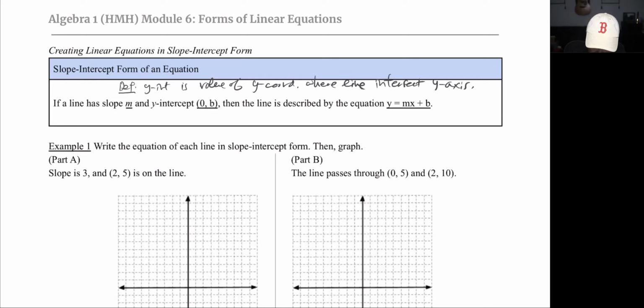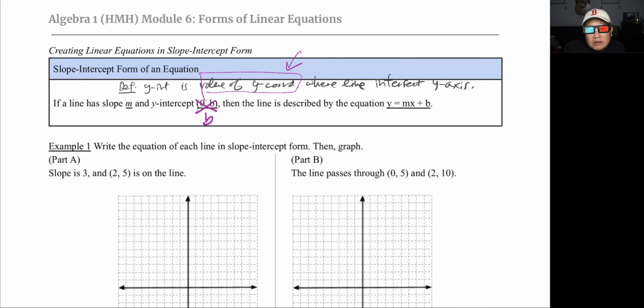Now look at this. If you think about it, the y-intercept is the value of the y coordinate, a single value. So what that means is that this is a coordinate of the y-intercept. It should be y-intercept b. That's it. Not (0, b), but simply b.